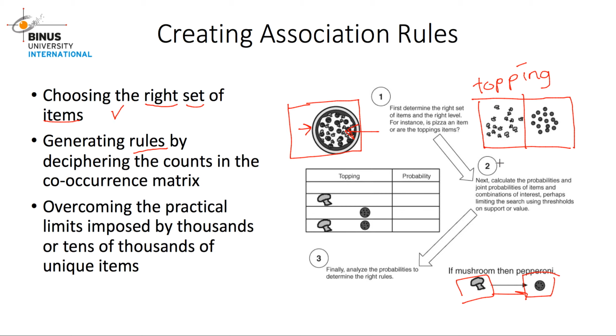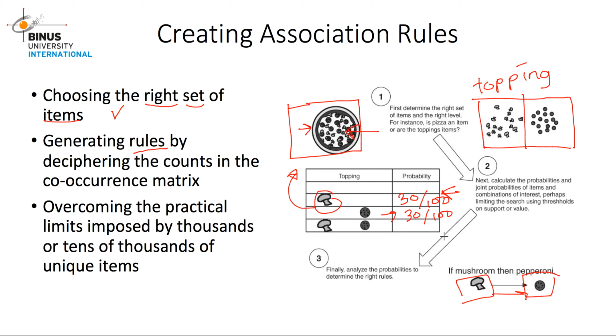From this probability table, we can see, for example, how many times mushroom appears in the orders. It's only 30 times over 100, so we have 30%. How about the pepperoni? Maybe also 30 times over 100 occurrences.